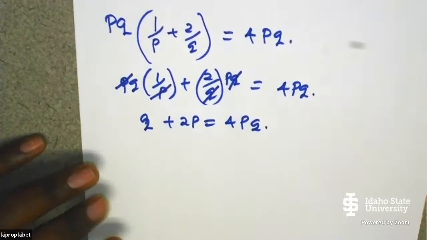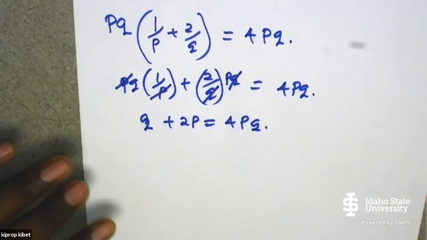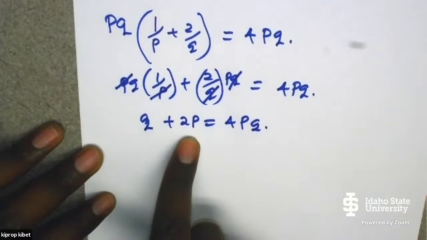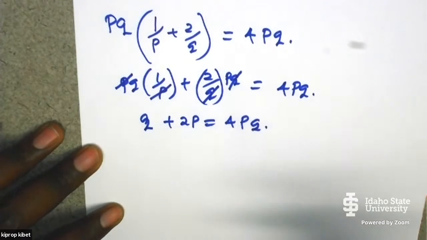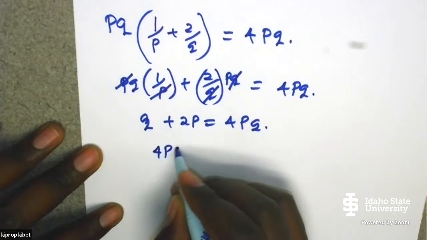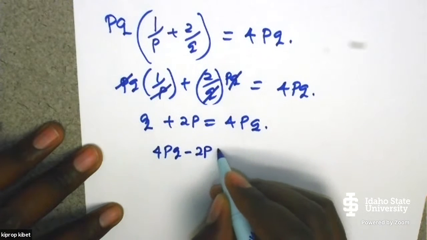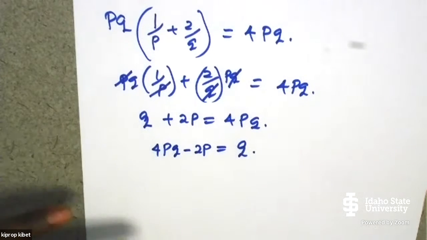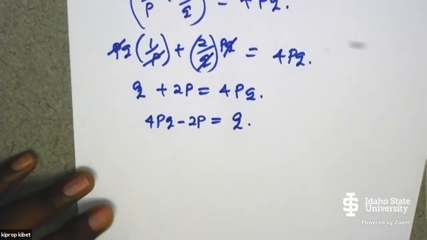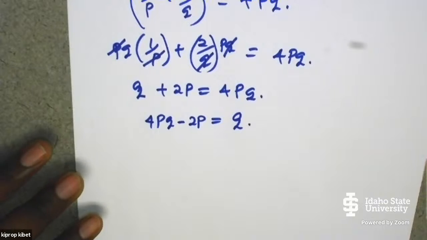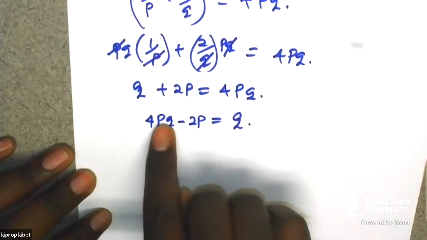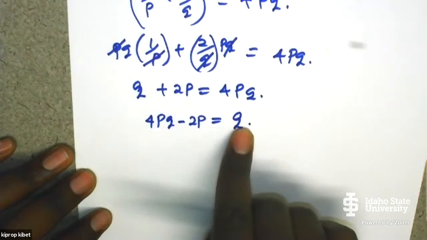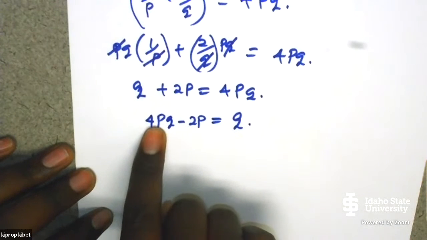Then since we want to make P the subject, we take this P to the other side, okay? So we get 4PQ minus 2P equals what? Equals Q. So 4PQ, you take this 2P to the other side. So 4PQ minus 2P equals Q. And then you factor out what?